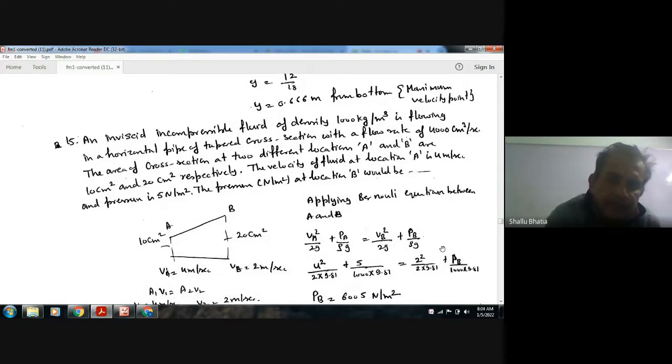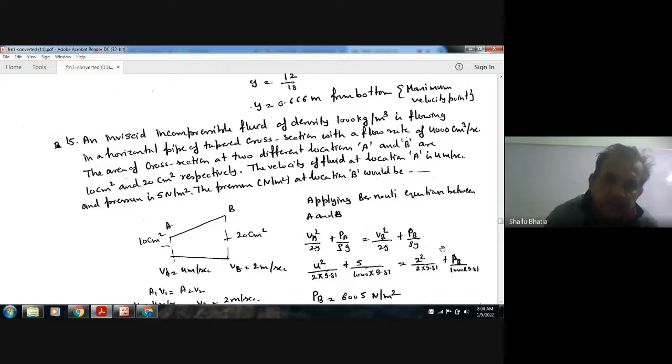Next, an inviscid incompressible fluid of density 1000 kilogram per meter cube is flowing in a horizontal pipe of tapered cross section with a flow rate of 4000 centimeters cube per second. The areas of cross section at two different locations A and B are 10 centimeters square and 20 centimeters square respectively.